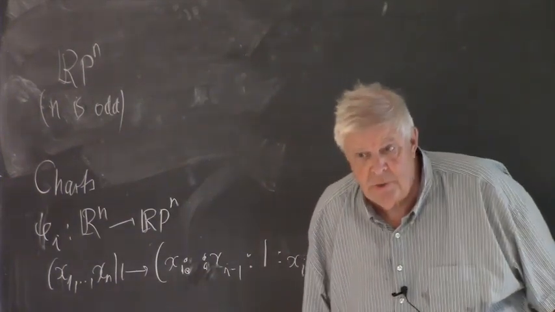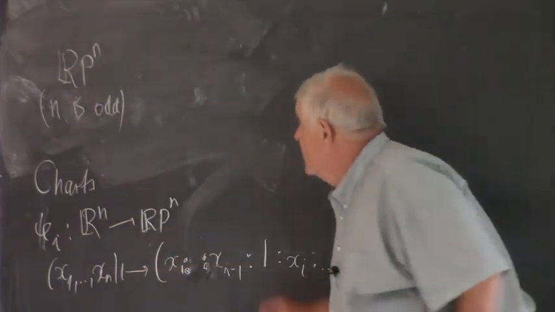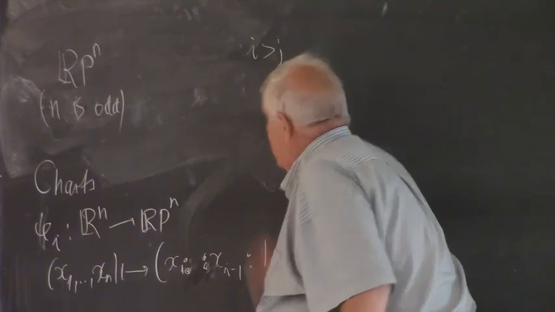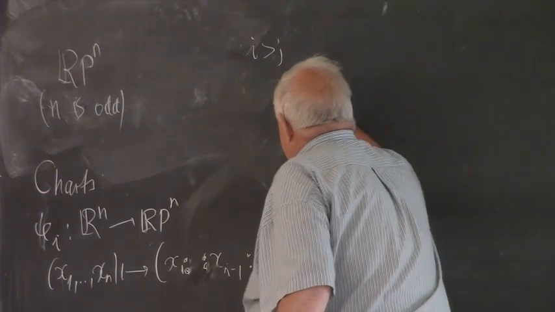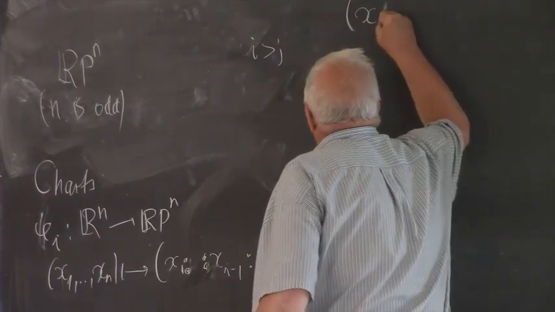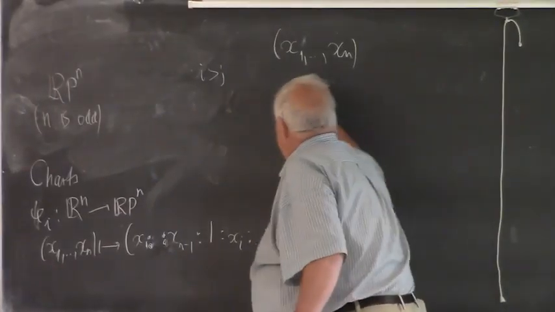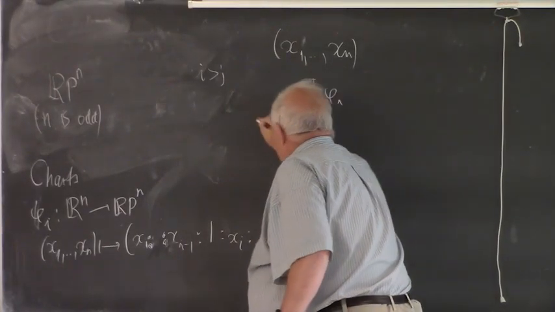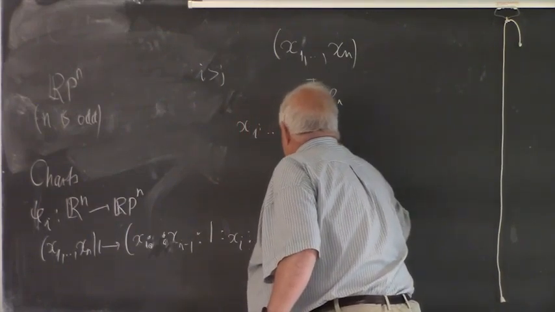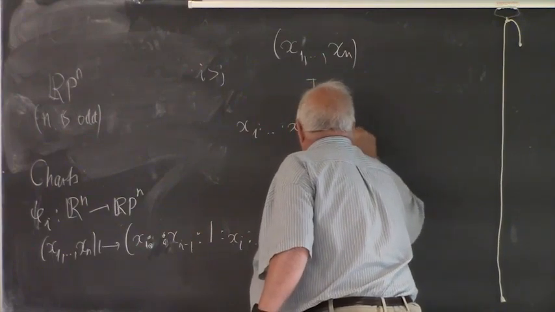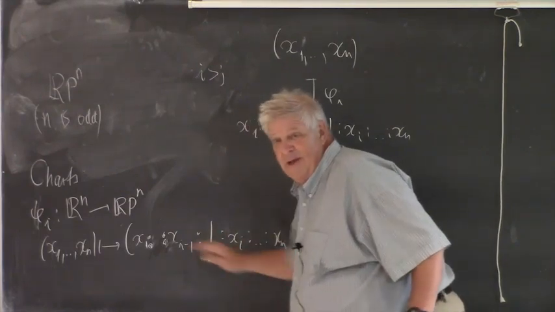Now, let us take two charts, number i and j. I suppose that i is greater than j. They're different, definitely. Then I take this point and apply phi_i, and I get (x1, ..., x_{i-1}, 1, x_i, ..., xn), according to this formula.